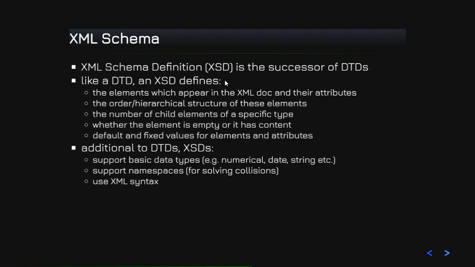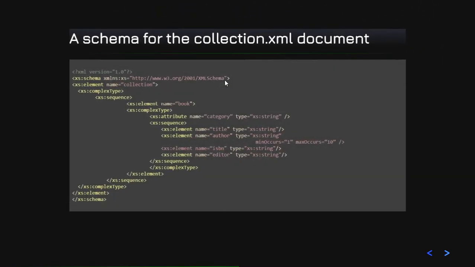In addition to DTDs, XSD also supports basic data types: numerical, date, string. Here we specify the type of each tag, so the type of the content of each tag. This one specifies that the value of the category attribute is a string. This one specifies that inside the title tag we have string data.